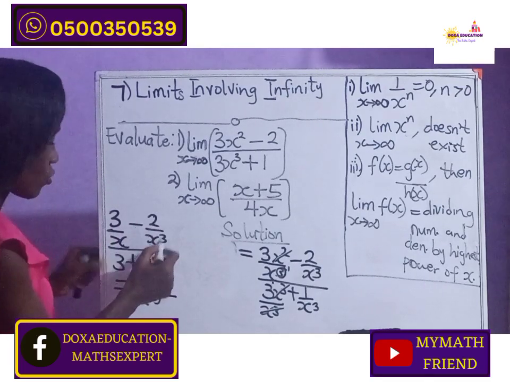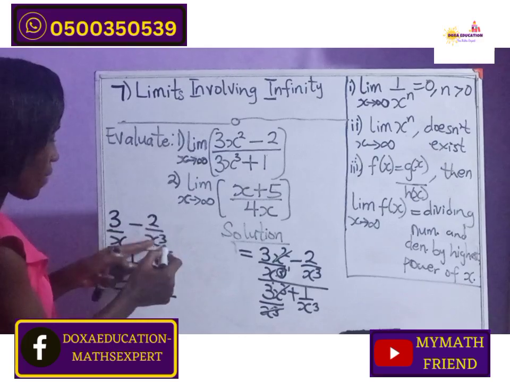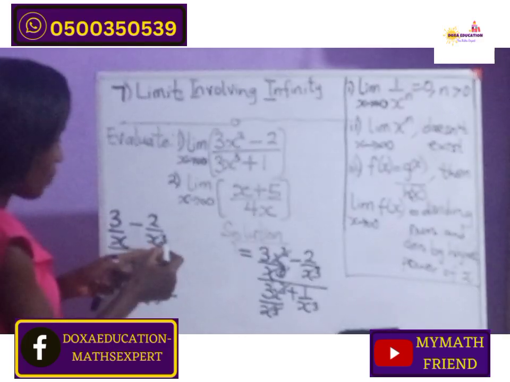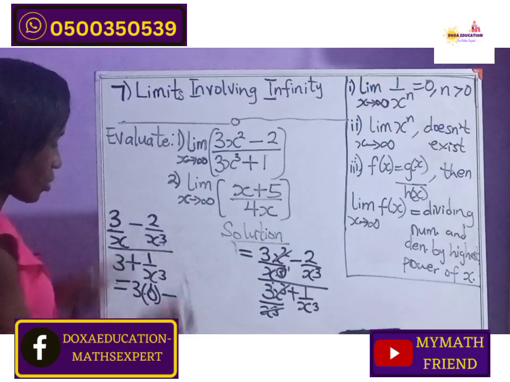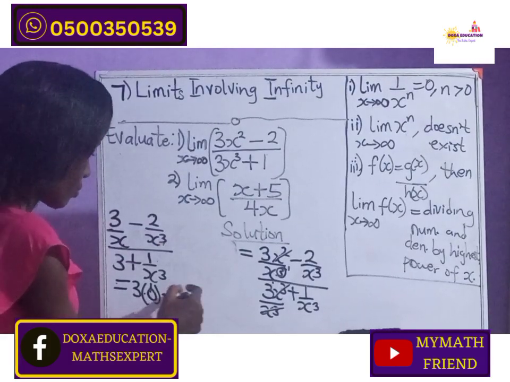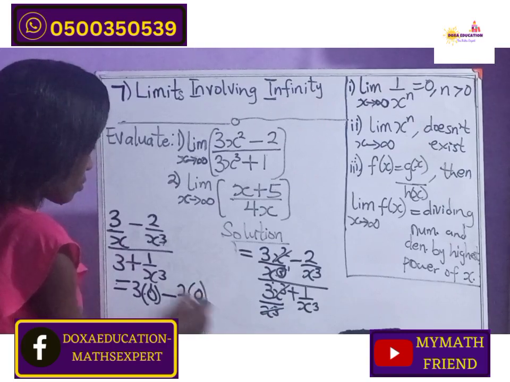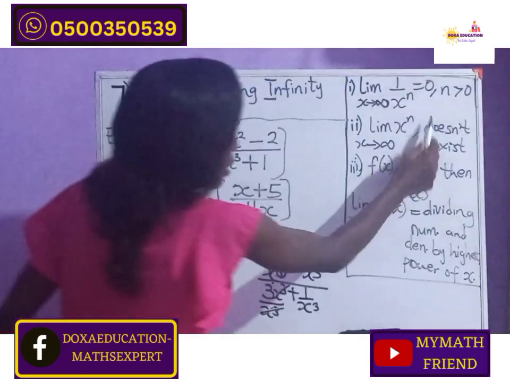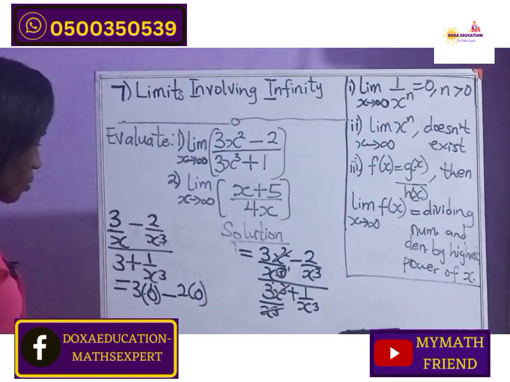Minus 2 over x cubed is 2 times 1 over x cubed, and the power 3 is positive. So we have 2 times 0, since 1 over x cubed turns to 0, following this rule.